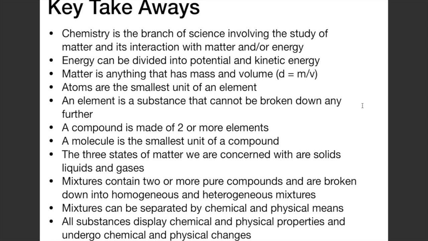So homogeneous being mixtures containing two or more compounds that are uniform throughout, and heterogeneous mixtures being those that are not uniform throughout. We can separate mixtures based on either chemical or physical properties and do different techniques to separate those. And all substances will display both chemical and physical properties and can undergo both chemical and physical changes.